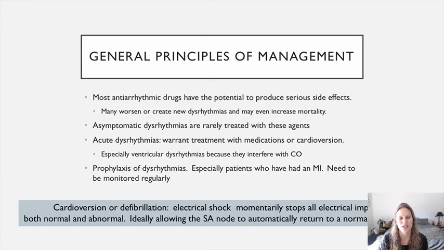Essentially, an electric shock is transmitted into the cardiac tissue, and the idea is that it will temporarily stop all electrical impulses, both normal and abnormal, in the hopes that when the conduction system starts up again, it will allow the SA node to pick up the pace and return to what we refer to as a normal sinus rhythm. So that's the benefit of cardioversion or defibrillation. And in some cases, they'll try this before they would use the drugs or in lieu of the drugs, ideally.